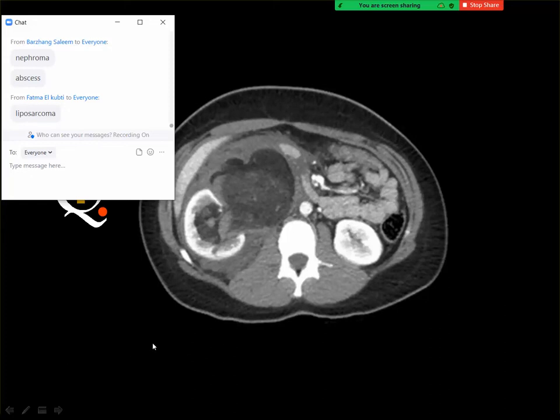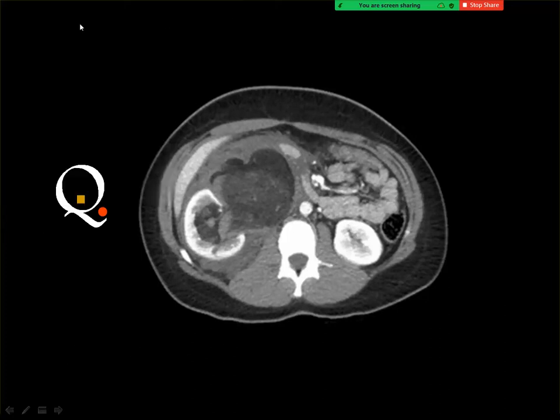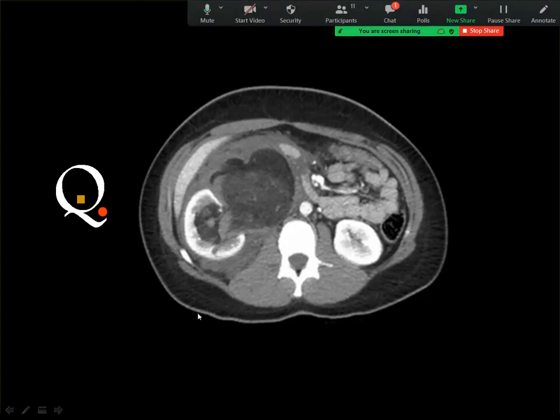I should say that a mass containing fat in the kidney should be diagnosed as angiomyolipoma until proved otherwise, because renal liposarcoma is considered extremely rare.